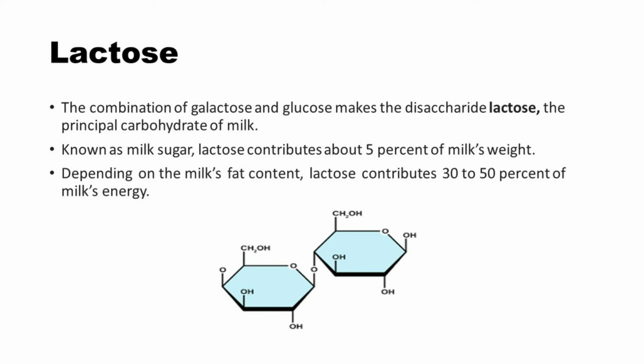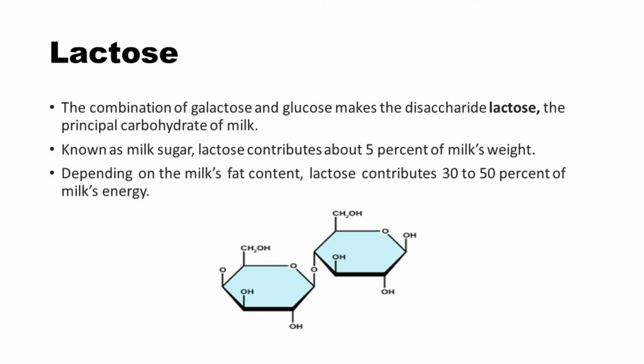Lactose digestion occurs in the small intestine with the help of the enzyme known as lactase. Lactase breaks down lactose into the monosaccharides galactose and glucose, which makes them available for absorption. Glucose ultimately gets taken up by our cells with the help of insulin.